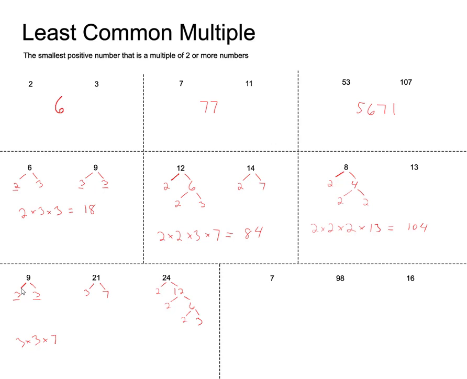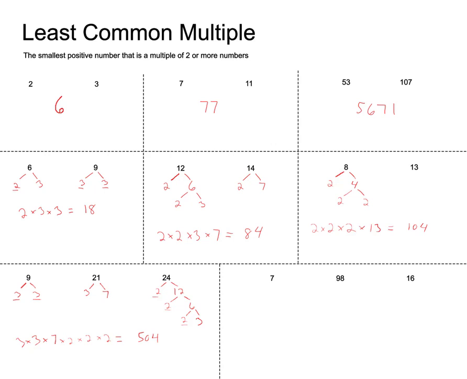And then finally, we have the prime factor 2, which shows up 3 times in the prime factorization of 24 and 0 times in the prime factorization of 9 or 21. So we'll drop down a 2, 3 times. When we multiply all of those together, that leaves us with 504 as our least common multiple.